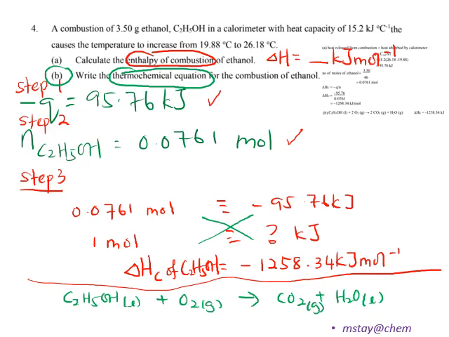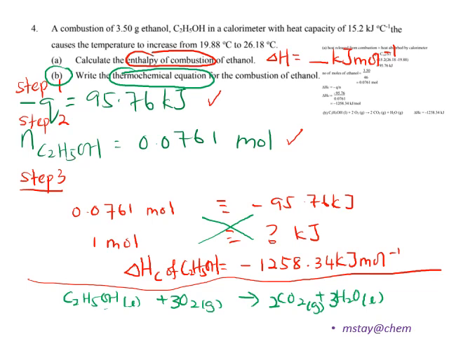So 2 mole of carbon dioxide, 3 mole of water. So 2 times 2 is 4, plus 3 times 1, 7 oxygen, and then minus 1, so equal to 6. 6 divided by 2 will be 3. So this is the balanced chemical equation.